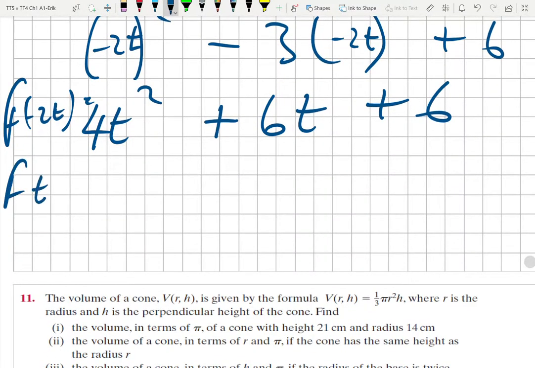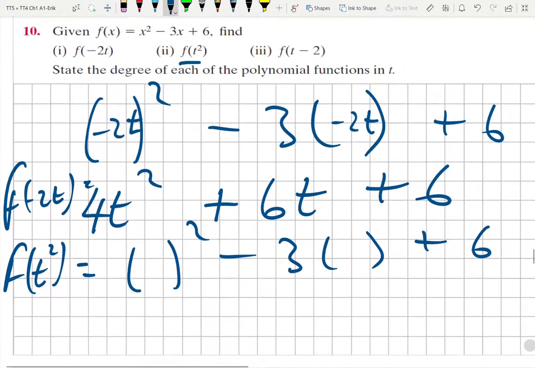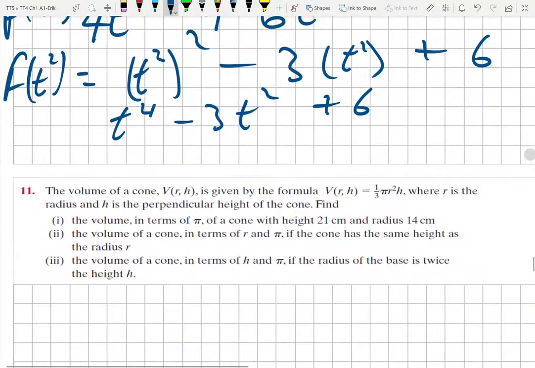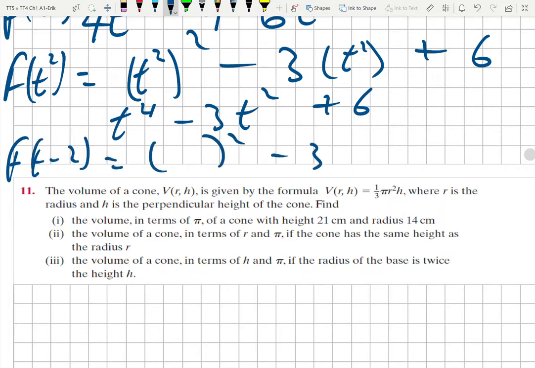Say f of t squared will be something squared minus 3 times something plus 6. That's the important thing. Now drop in your t squared. And you get t to the 4 minus 3t squared plus 6. And we've one to go. We're dropping in t minus 2. So f of t minus 2 equals something squared, take 3 of them, plus 6.